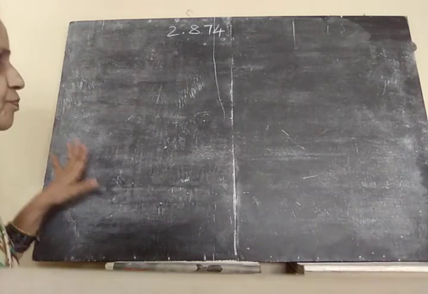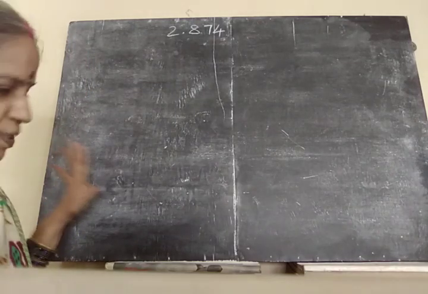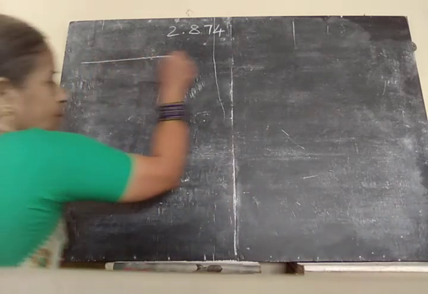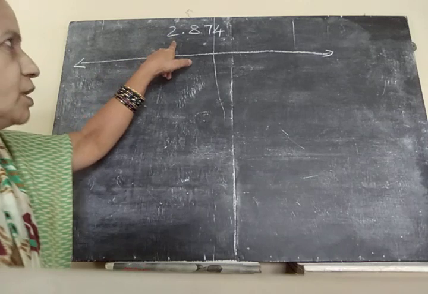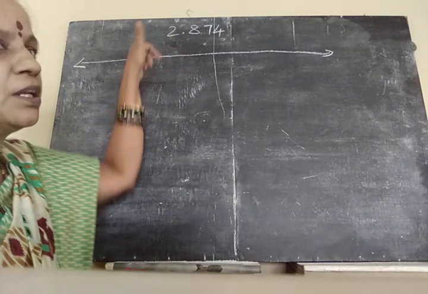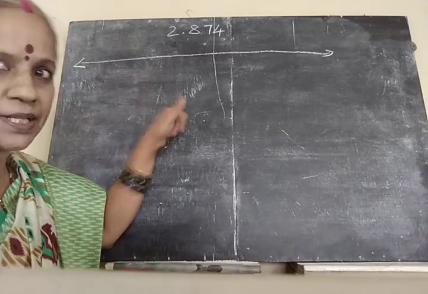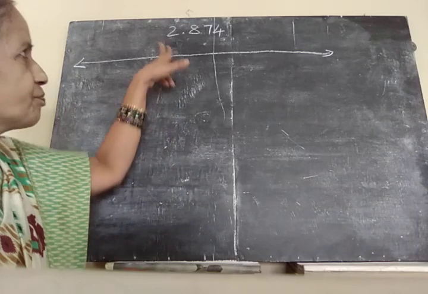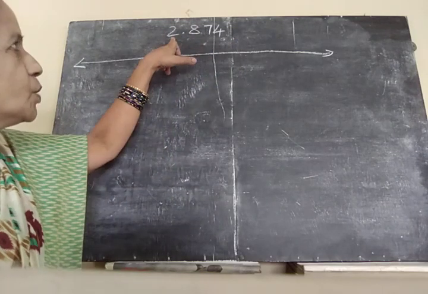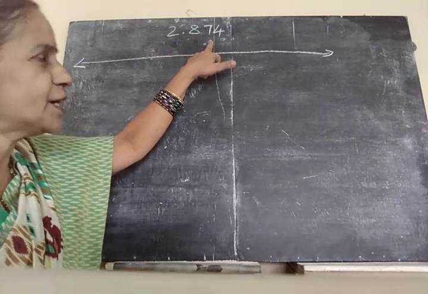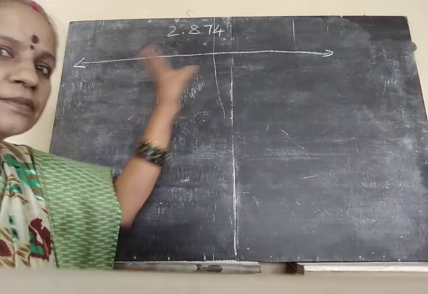Here 4 steps will be there. What is the first step? First, observe the given number. This is in between which 2 integers? What are the integers on both sides of this number? See, 2.8 means this is in between 2 and 3.